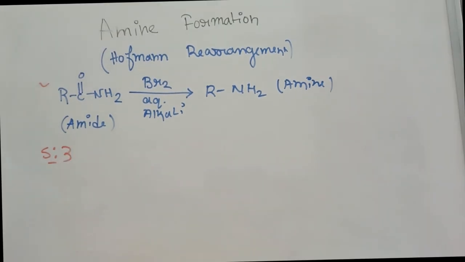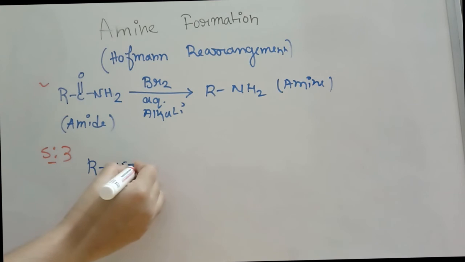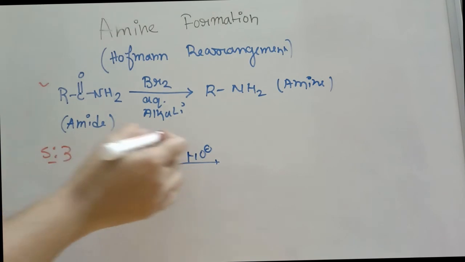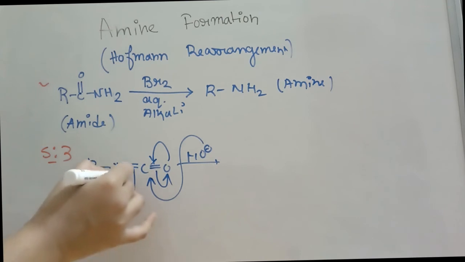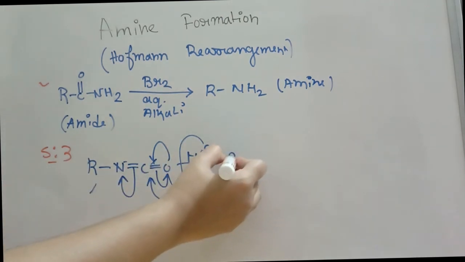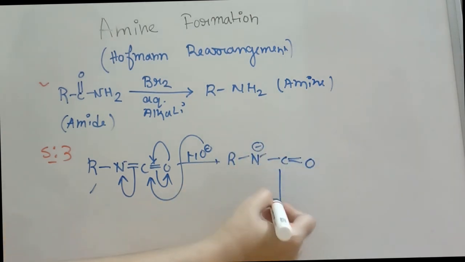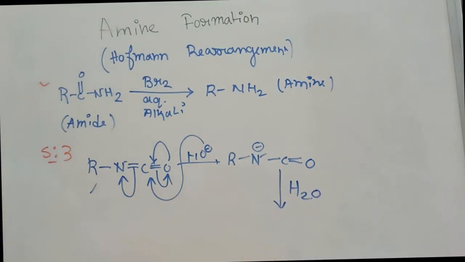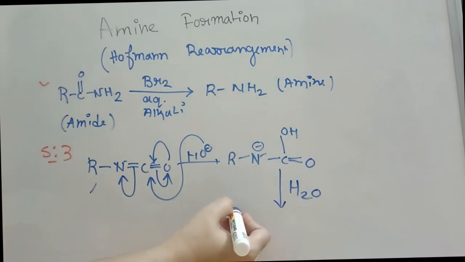Now in step 3, we have the isocyanate intermediate, R-N double bonded C double bonded O. We have base in the medium, so that will attack here. That bond opens up, closes again, and then there is a negative charge on nitrogen again. As we have taken aqueous alkali, water is also present, so nitrogen will take up a proton from water, and OH comes here too.